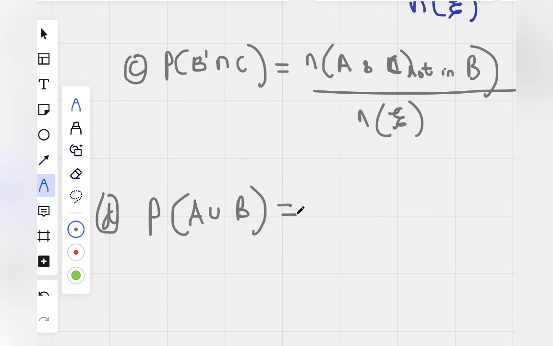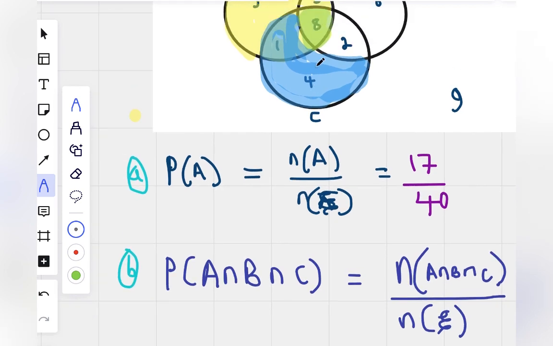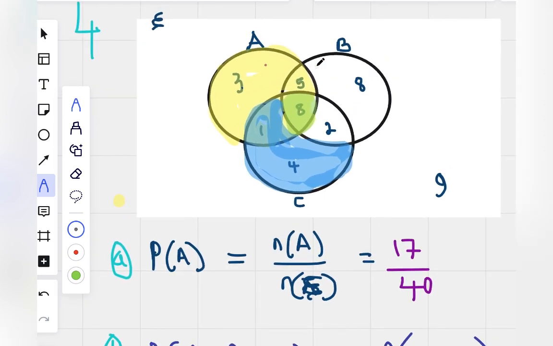Now let's take a look at what we have. For the probability of A union B, we have to find the number of elements in A union B over the total number of elements in the universal set. Now let's take a look at that quickly. We go to our Venn diagram, A union B. We choose another color.